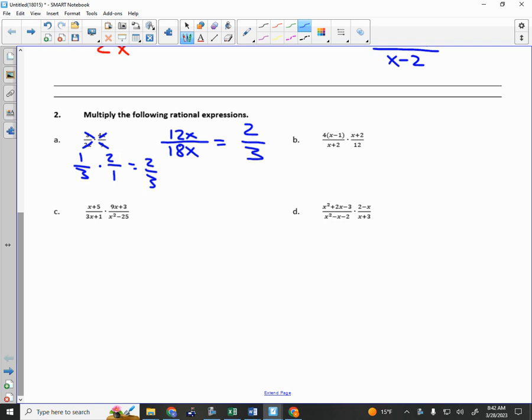And letter B, I can cross cancel right away. Notice that the x plus 2 and the x plus 2 reduce to 1. And now you're left with 4 times x minus 1 over 12. That will reduce. 4 and 12 are both divisible by 4. X minus 1 divided by 3.